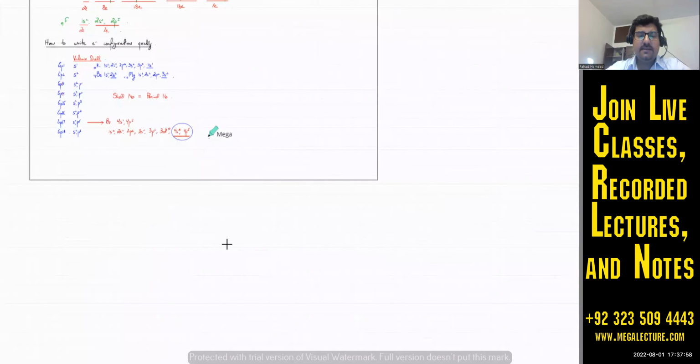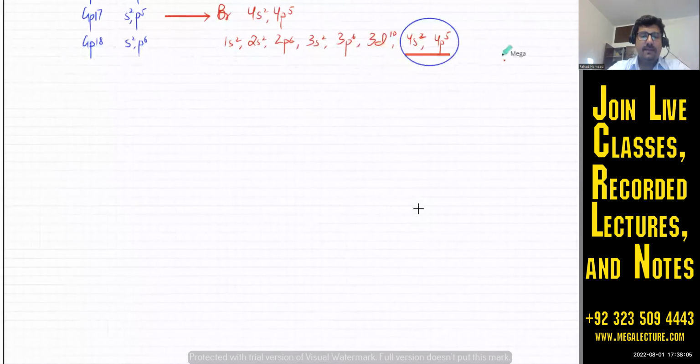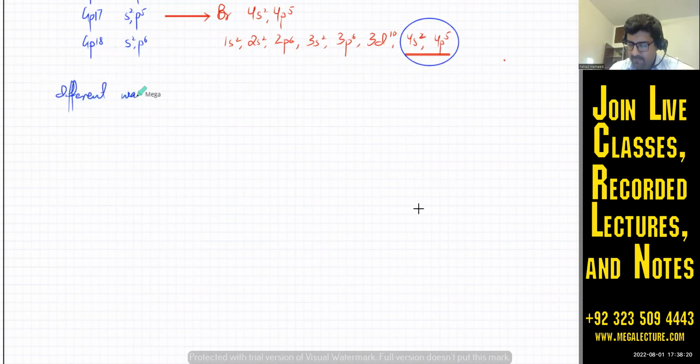अच्छा, then there are different ways of writing electronic configurations. एक तो मेरे ख्याल से वो box notation में पहले I did the box notation. So different ways of writing the same electronic configuration.